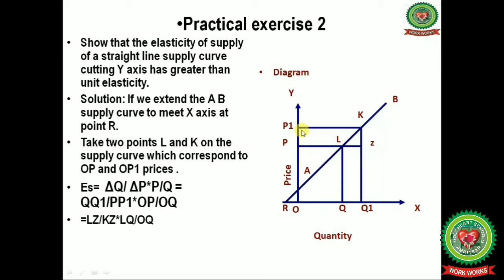Now you know the formula, elasticity of supply equals delta Q upon delta P multiplied by P upon Q. So this delta Q is equals to QQ1.